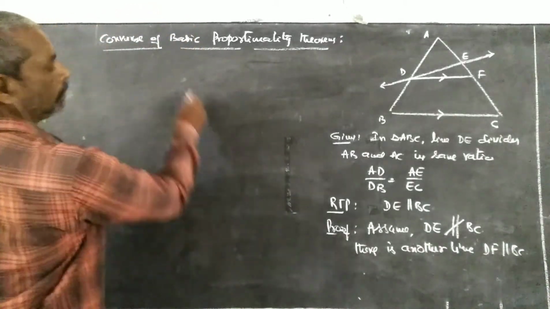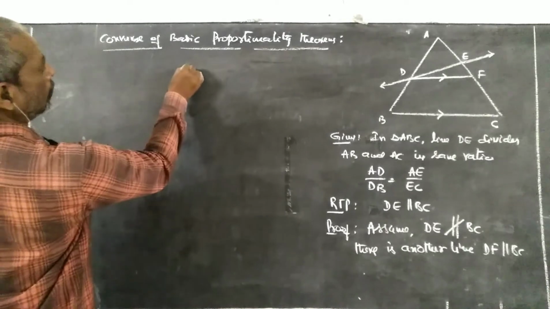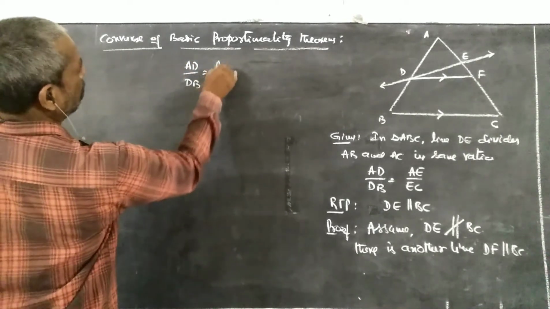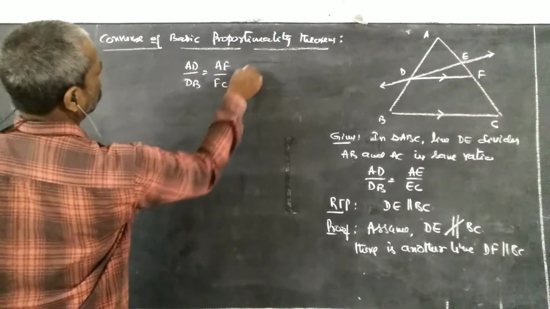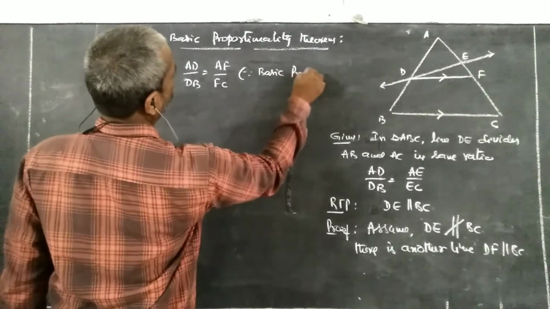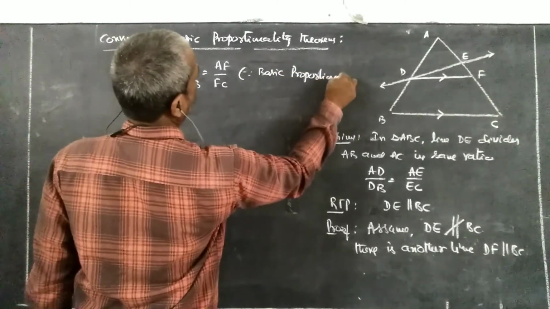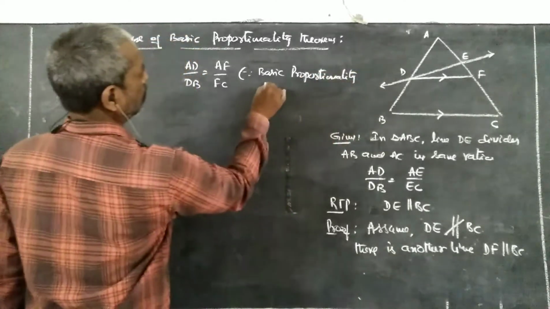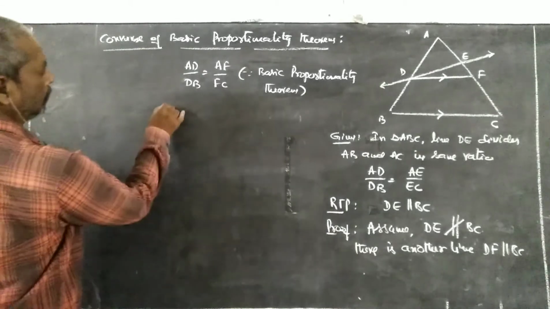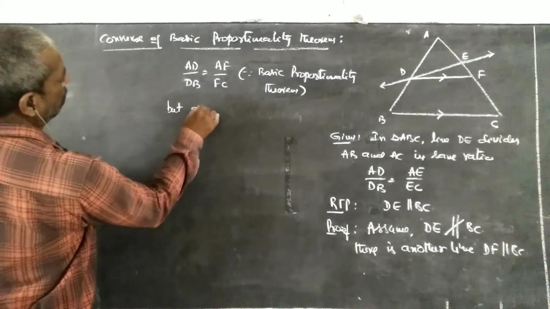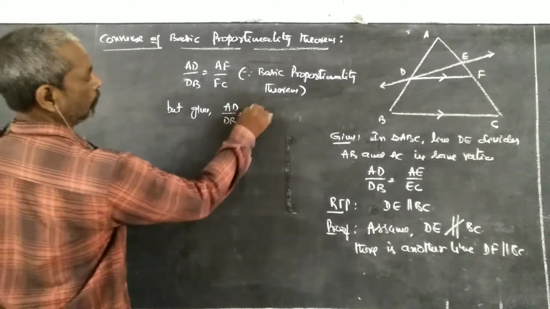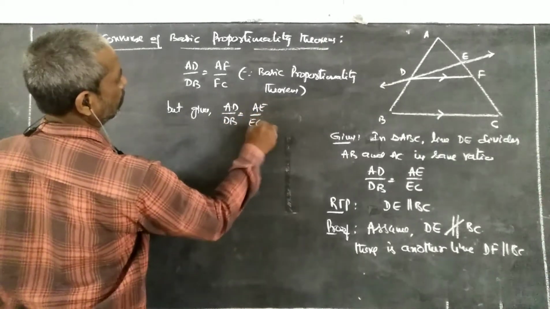Now AD by DB is equal to AF by FC, by the basic proportionality theorem. But given AD by DB is equal to AE by EC.